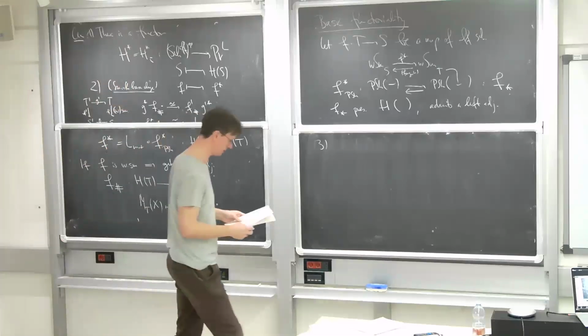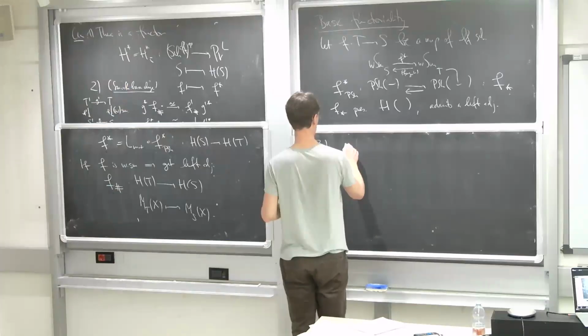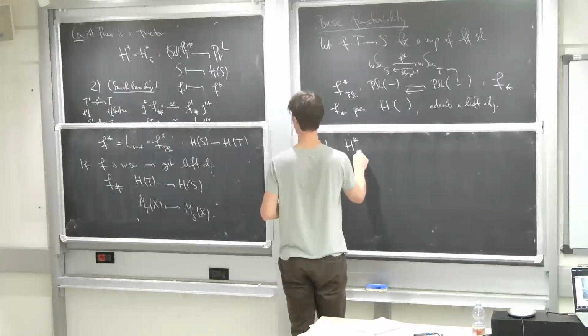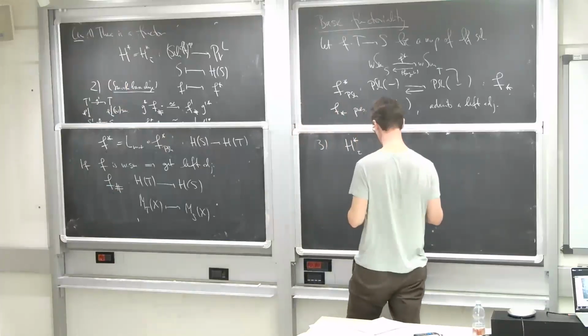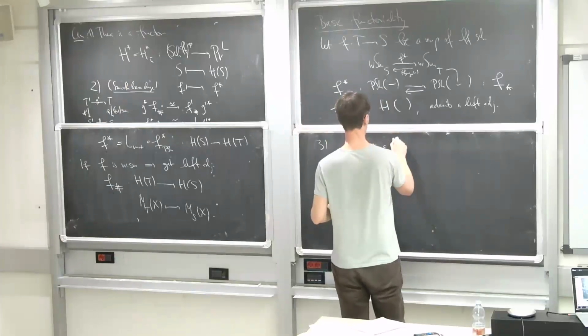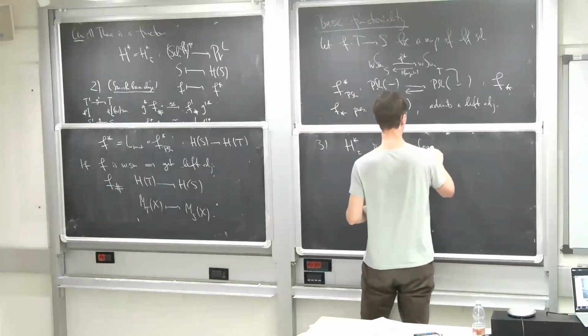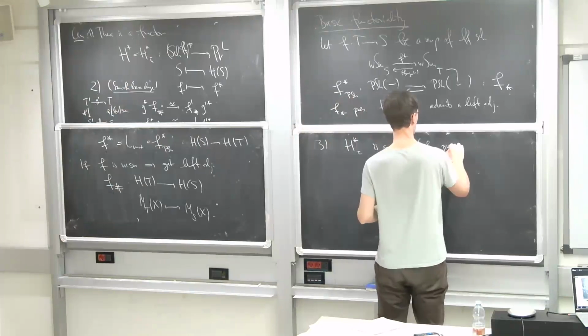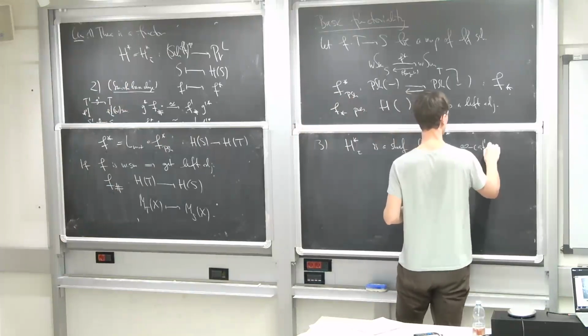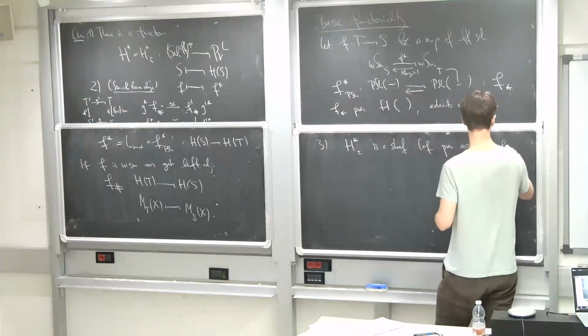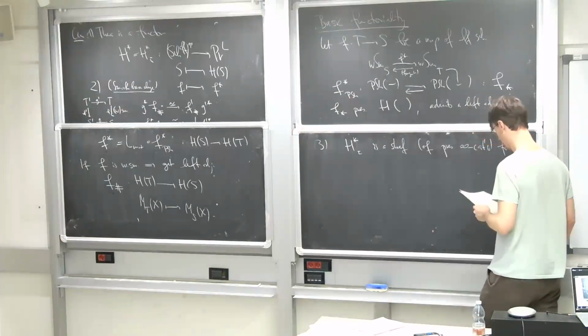And what's more, it's actually a sheaf. So this H upper star, maybe I write tau just to emphasize it, is a sheaf of presentable infinity categories for the topology tau. What do I mean by this?